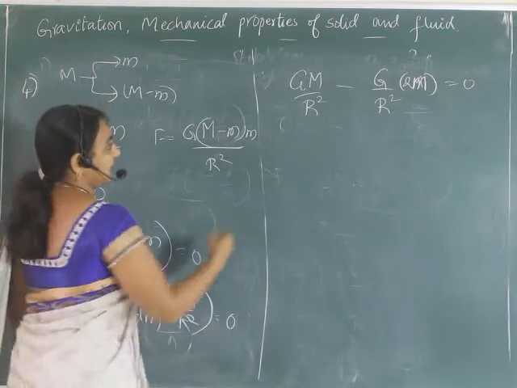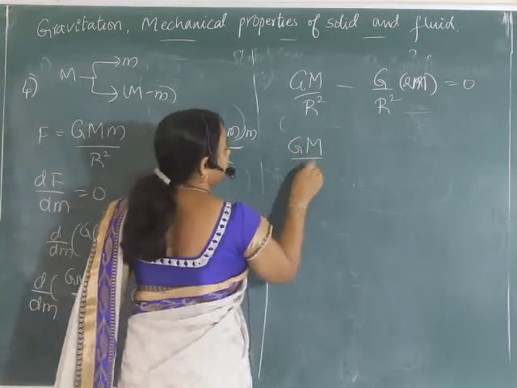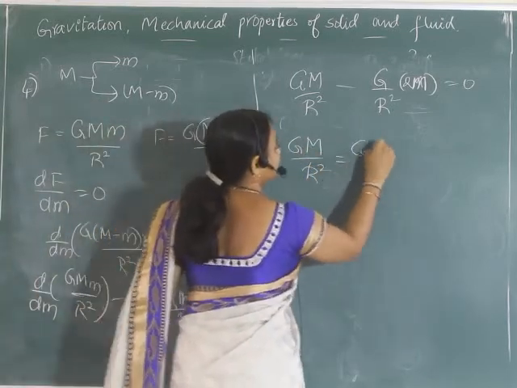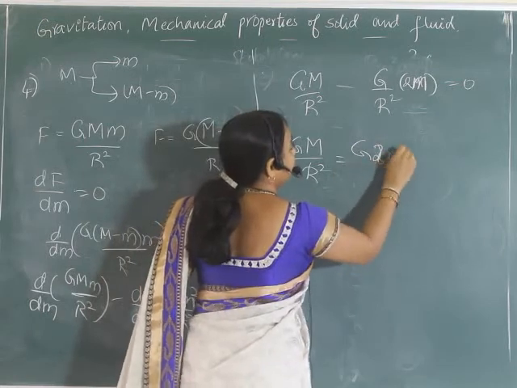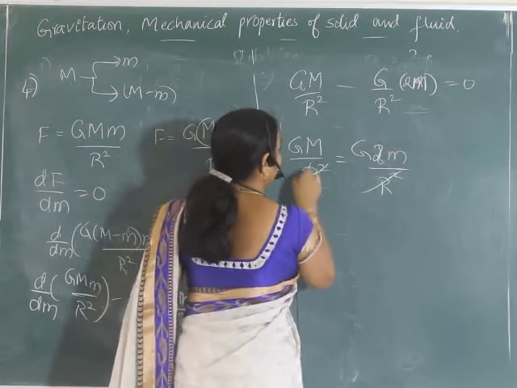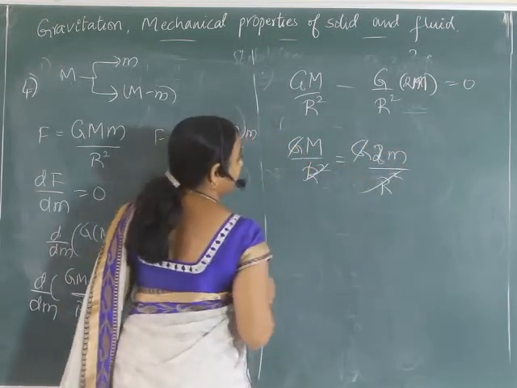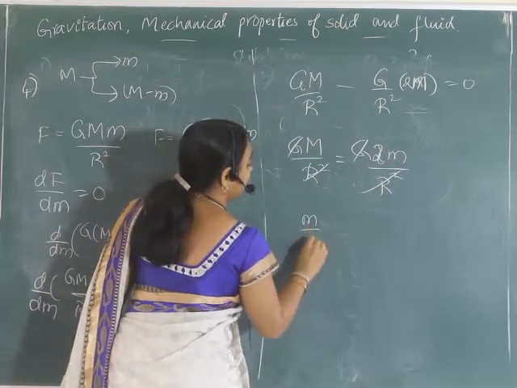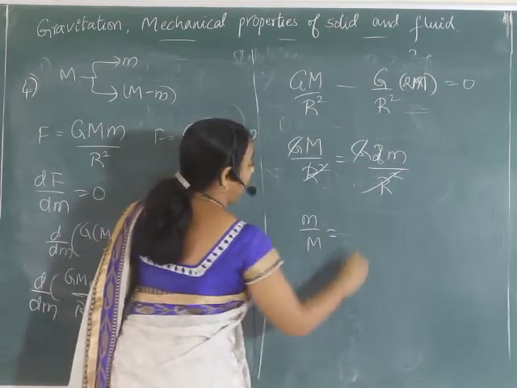Or else we can write GM by R square is equal to G into 2m by R square. So I can write m by M is equal to half.